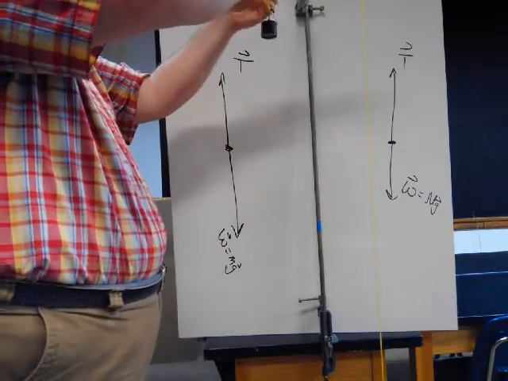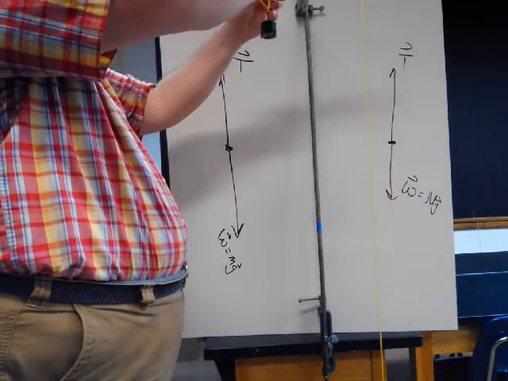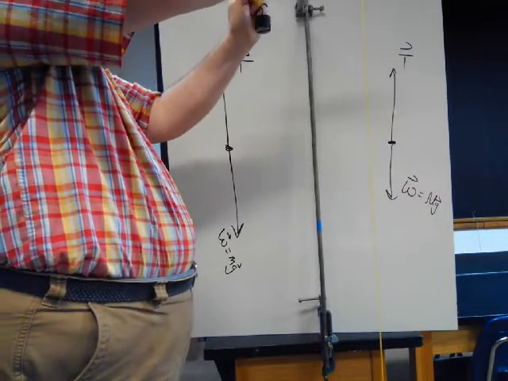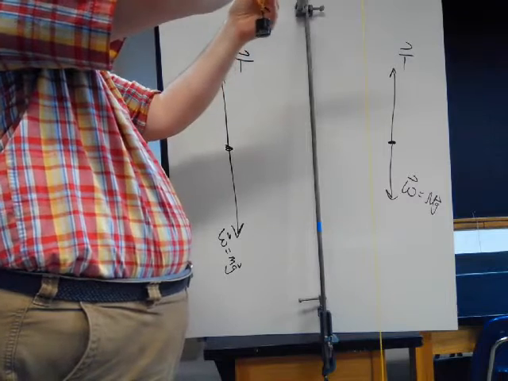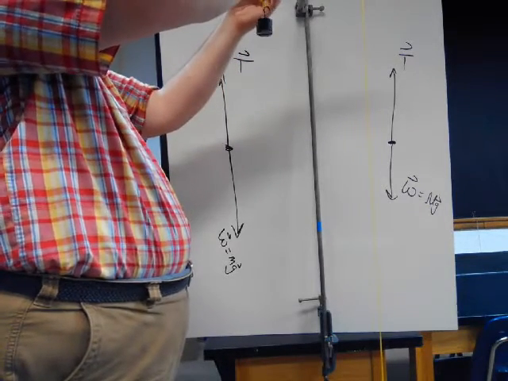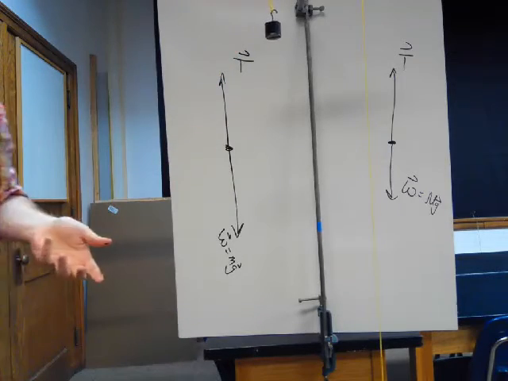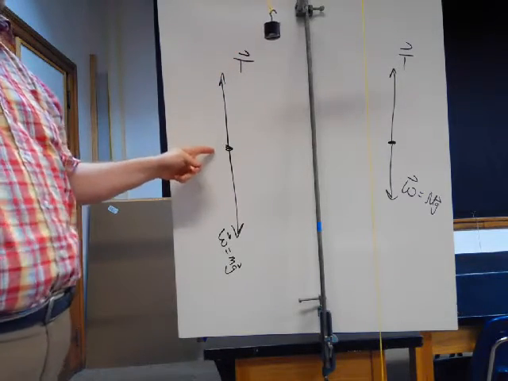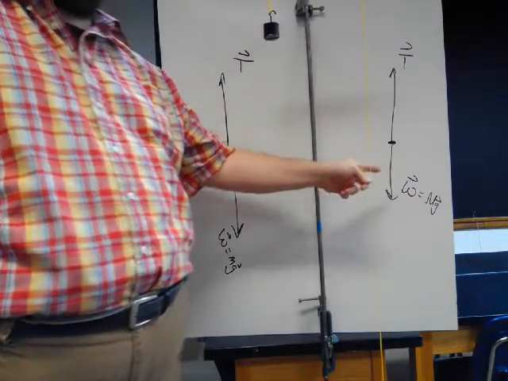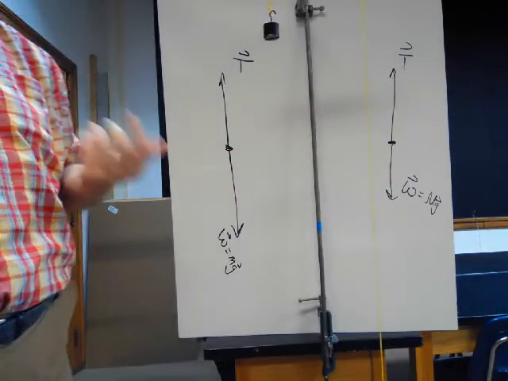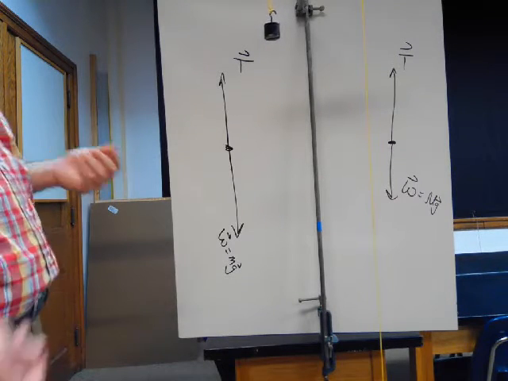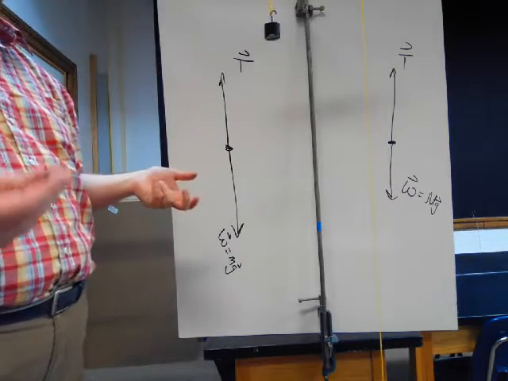But in one of these, the weight's a little bit larger, and so there's a net force downwards. And the other one, the weight is a little smaller than the tension, and there's an acceleration upwards. They're the same acceleration. So there should be some acceleration due to these excess weights.